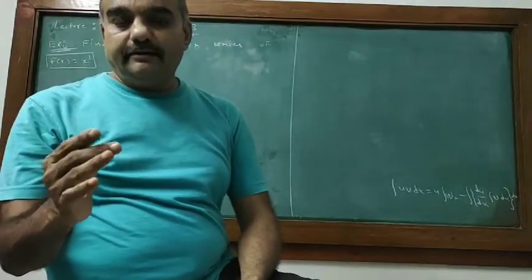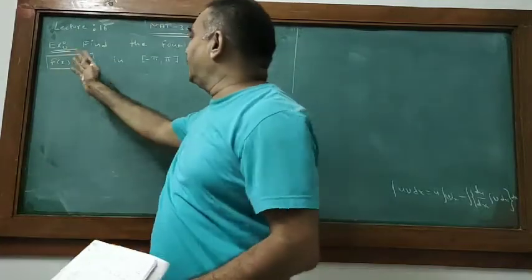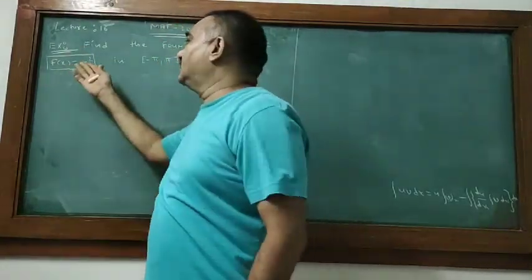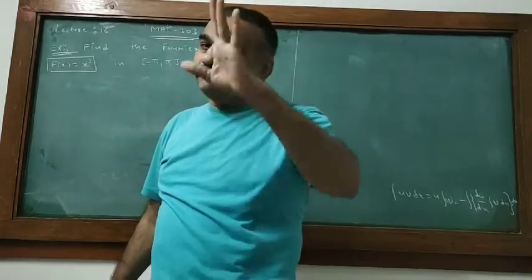Next we want to find the Fourier series expansion of f(x) equal to x square. This is an even function. Again keep in mind the definition of Fourier series.